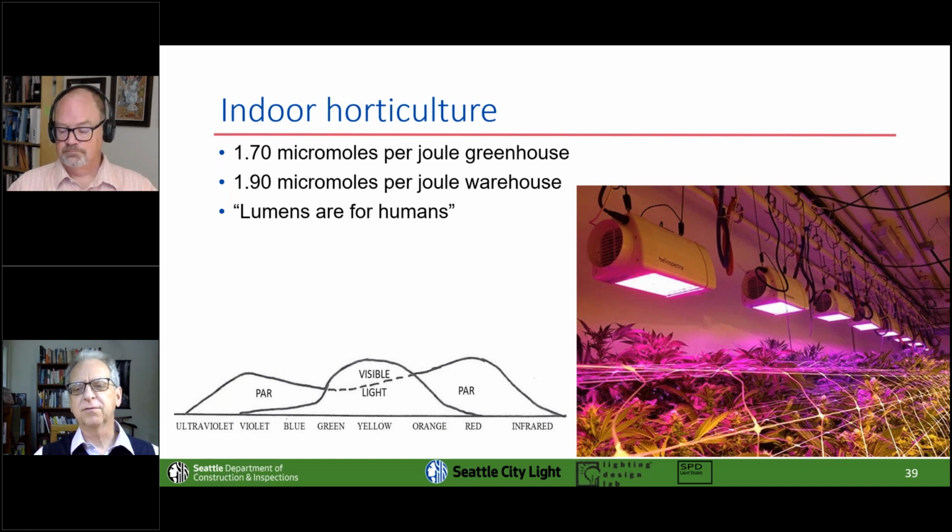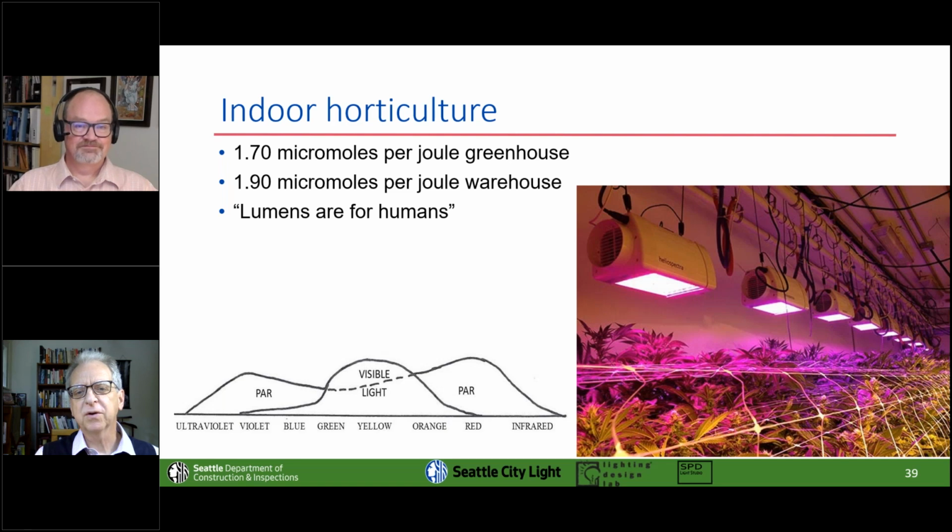And so for judging the efficacy of our beloved indoor horticultural fixtures, around here most everything is warehouse type, and so you need to have 1.9 micromoles per joule. That doesn't mandate LED.